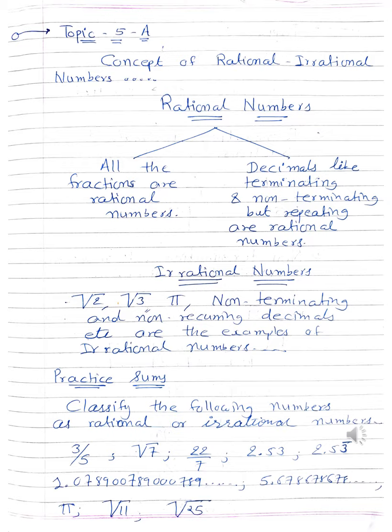Then topic number 5A covered the concepts of rational and irrational numbers. We have seen the types of rational and irrational numbers, and some practice sums were solved related to the classification of rational and irrational numbers.